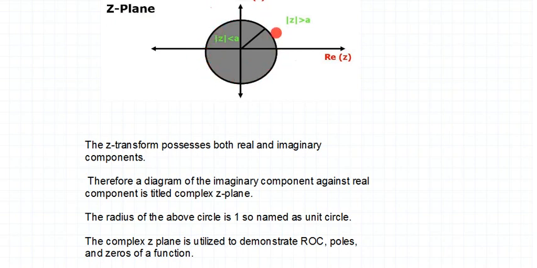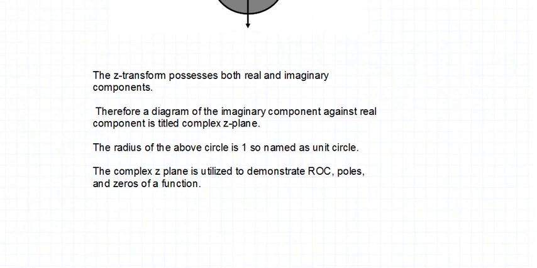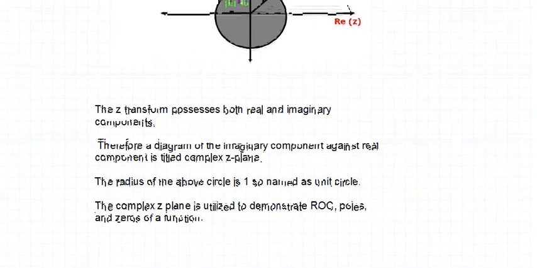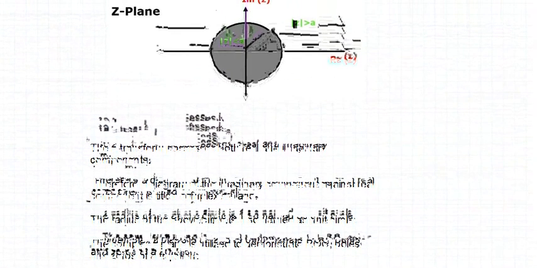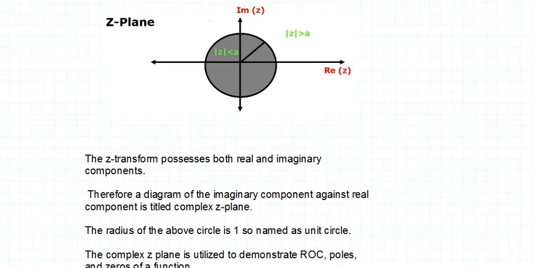This circle, and the analysis of this Z transform with respect to this unit circle, will help us in determining or commenting on the poles and zeros, and then on the stability of the system, right? We will look at poles and zeros and the stability of the given discrete system in the Z plane. Okay, so I know friends, it is difficult to understand the things at the very start, but as we go into the depth of it, we are going to use this.